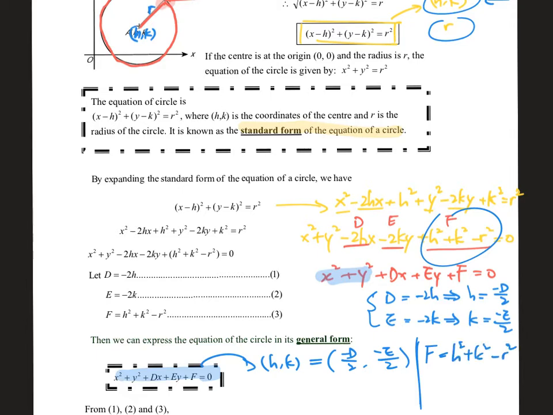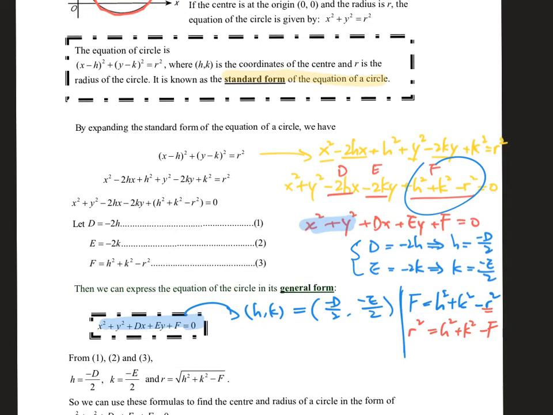And my target is to find the radius, right? As a result, after moving the term r squared to the left and F to the right, you will see that in order to find the radius, we can first of all find (h, k) by D and E, and afterward, r will be the square root of h squared plus k squared minus F. So it goes to another formula you have to remember.